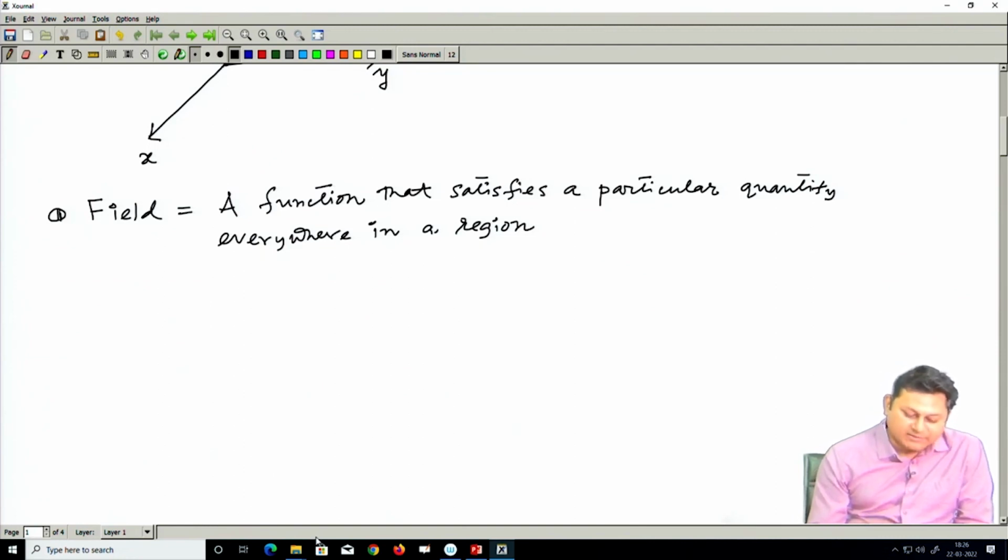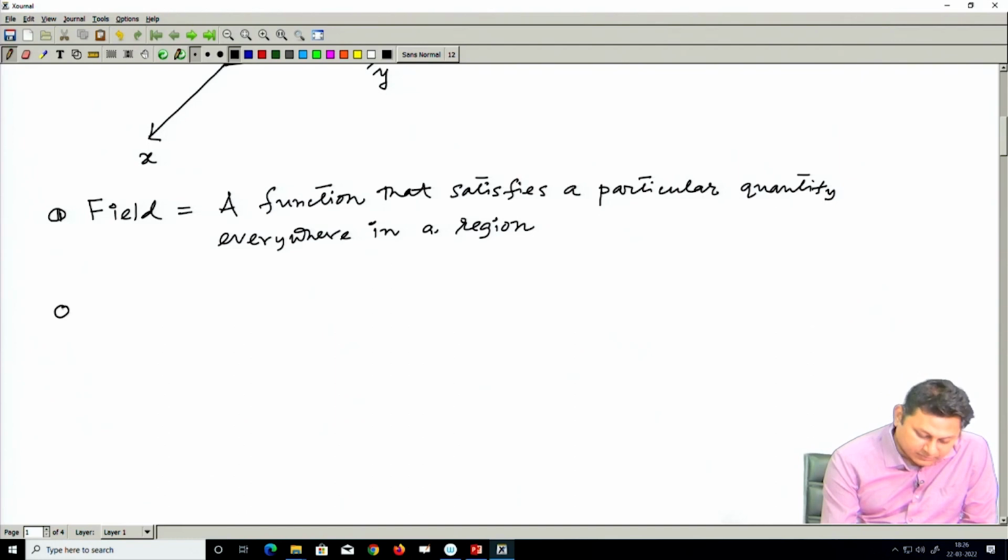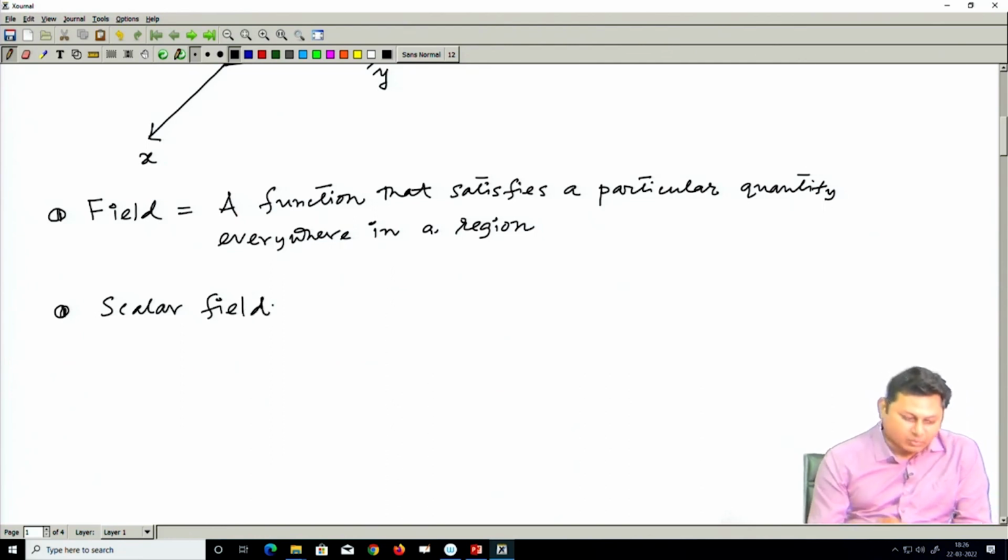Now, there are two kinds of field possible. One is the scalar field, and another is the vector field. So, what is a scalar field?